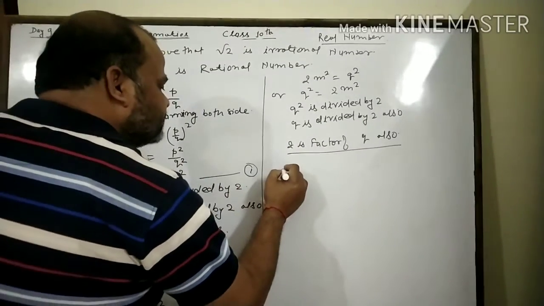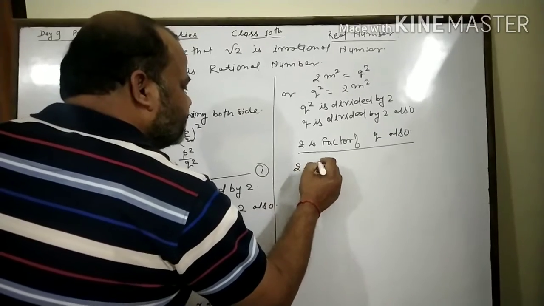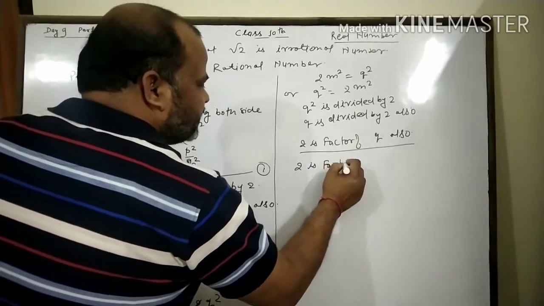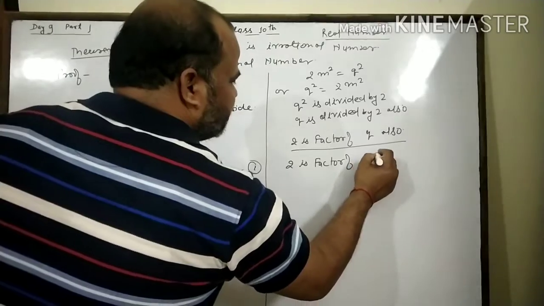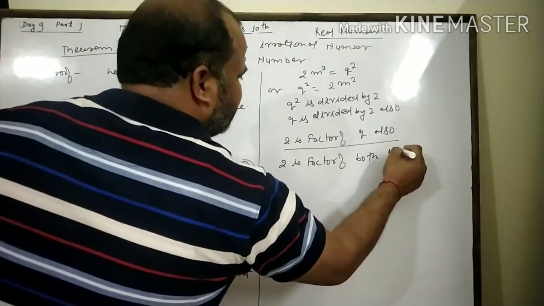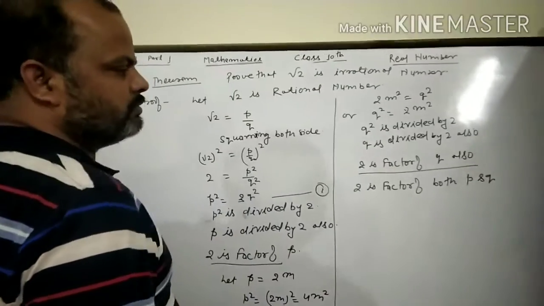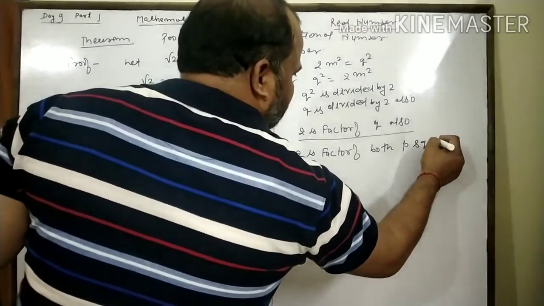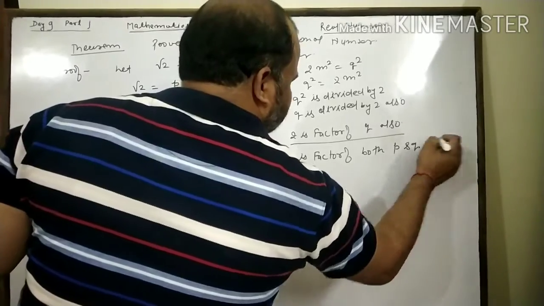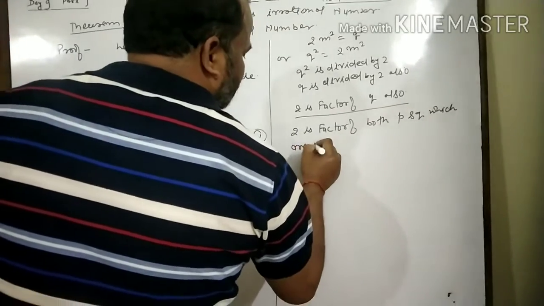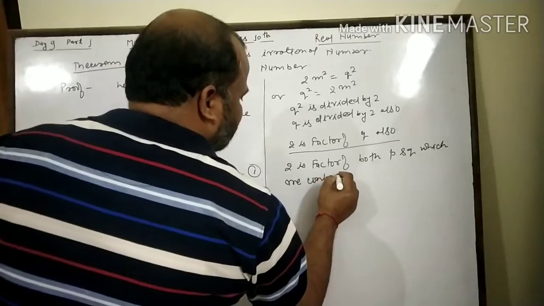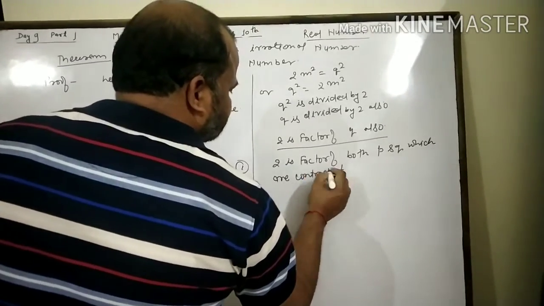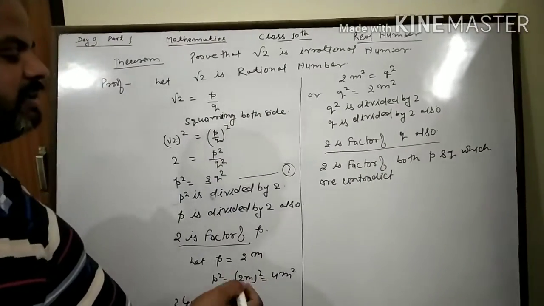From above we can see 2 is a factor of both p and q, which is a contradiction. Why contradiction?